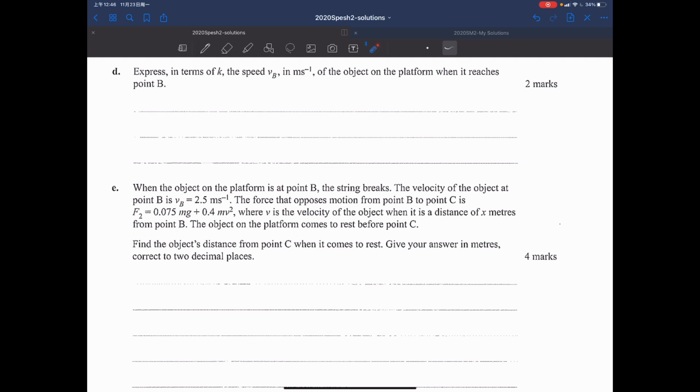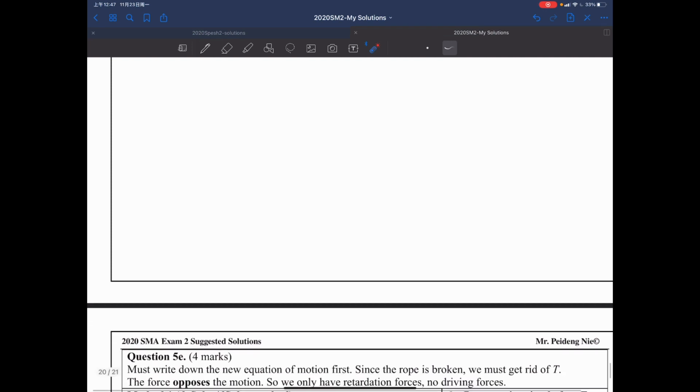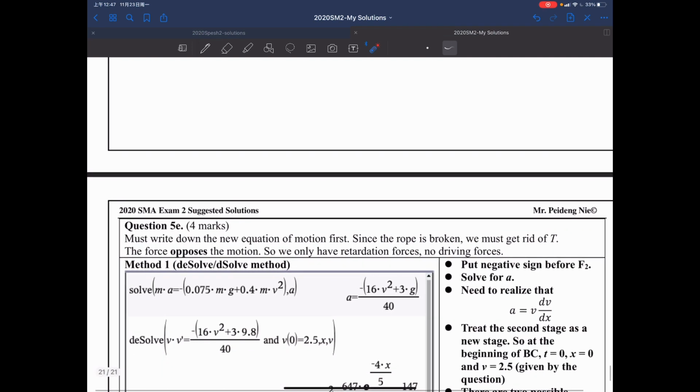The object on the platform comes to rest before point C. Find the object's distance from point C where it comes to rest. So we want to find the distance from the current point to point C, which means I want to use 5 minus the x to get the final distance. Looks like we want to solve some sort of differential equation.